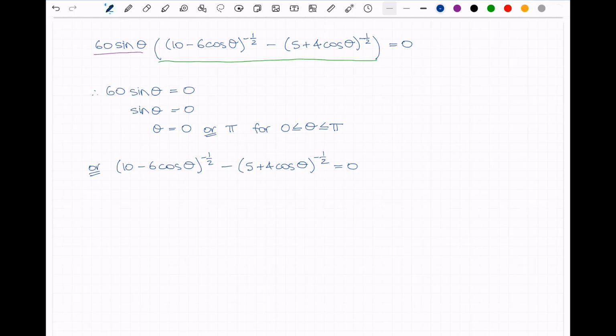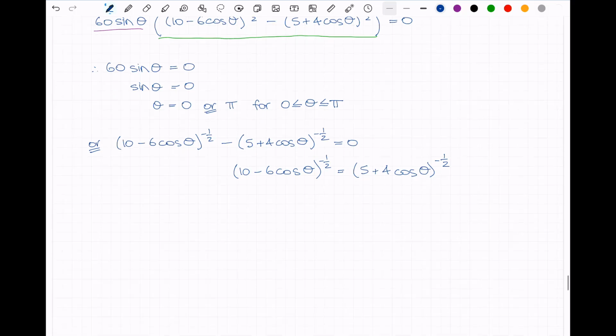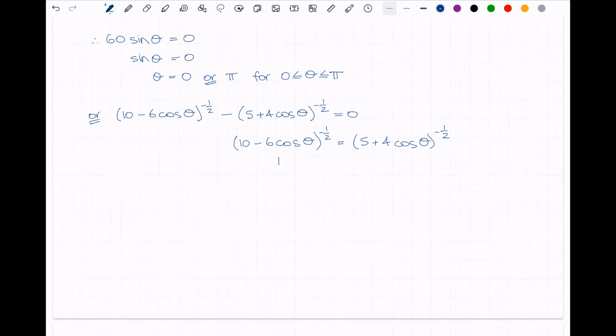I can bring one of the items to the other side so that we'll have 10 minus 6 cos theta to the negative a half equals 5 plus 4 cos theta to the negative a half. And that negative a half power just means 1 over the square root. So I might just write that. So that's 1 over the square root of 10 minus 6 cos theta, and that is equal to 1 over the square root of 5 plus 4 cos theta.